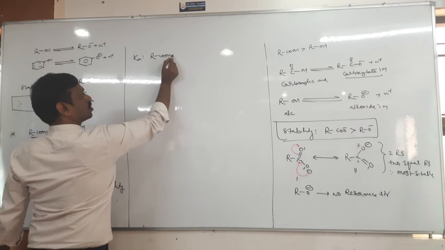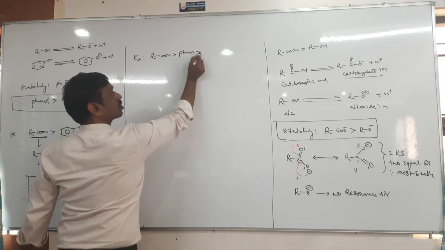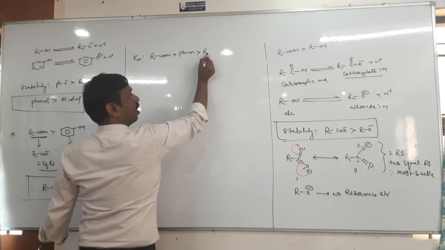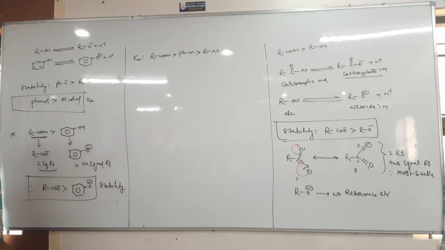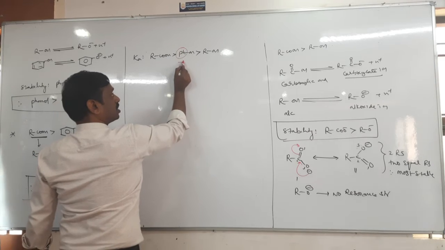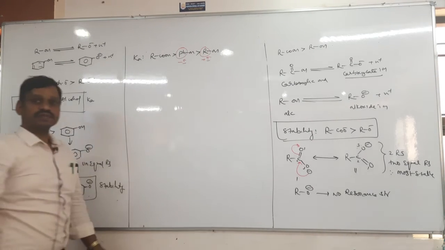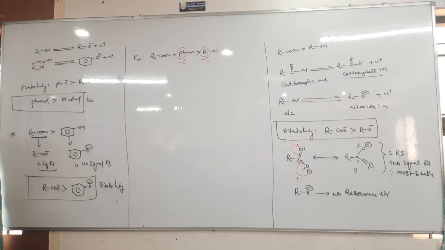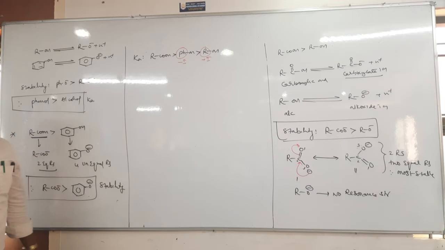Carboxylic acids are the most acidic, then phenol comes, next alcohol comes. And moreover, in alcohol and phenol, you can also take it like this: in phenol there is a minus I effect, in alcohol there is a plus I effect.